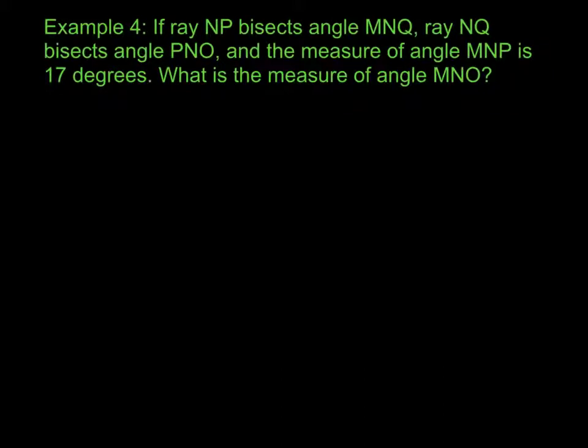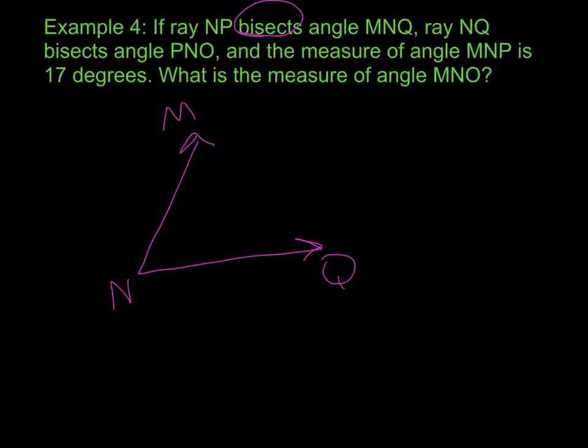If ray NP bisects angle MNQ, so I'm going to draw angle MNQ, and I have to bisect it with ray NP, so that means that NP is going to divide it in half. Ray NQ bisects angle PNO.